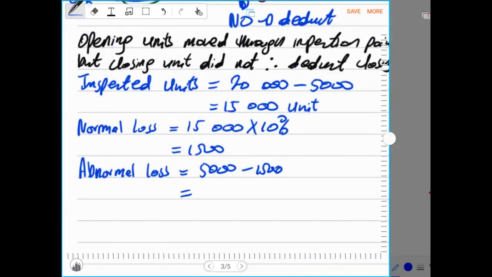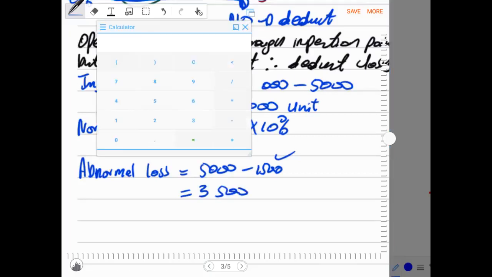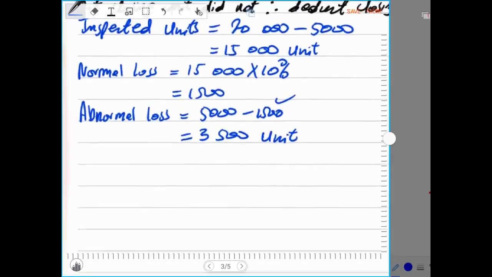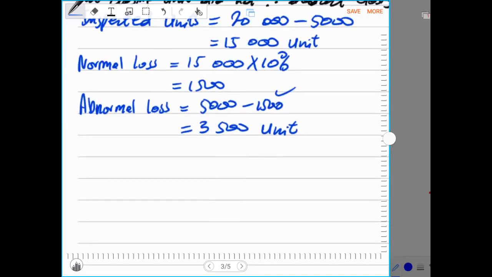Any loss that is above 1,500 is abnormal loss, and that abnormal loss will be 3,500 units, calculated by saying 5,000 less 1,500. These are the units that are abnormal in terms of the loss.